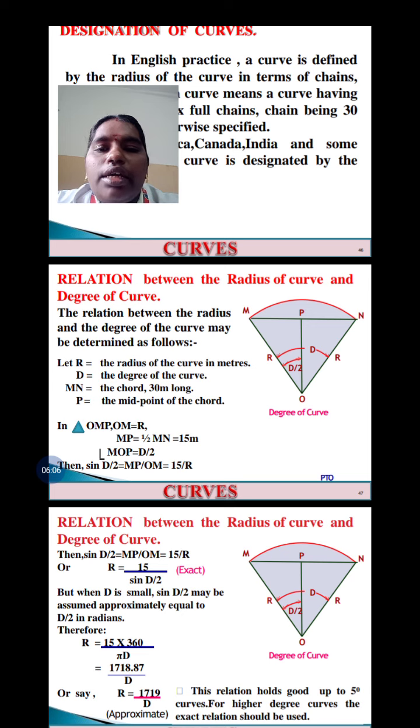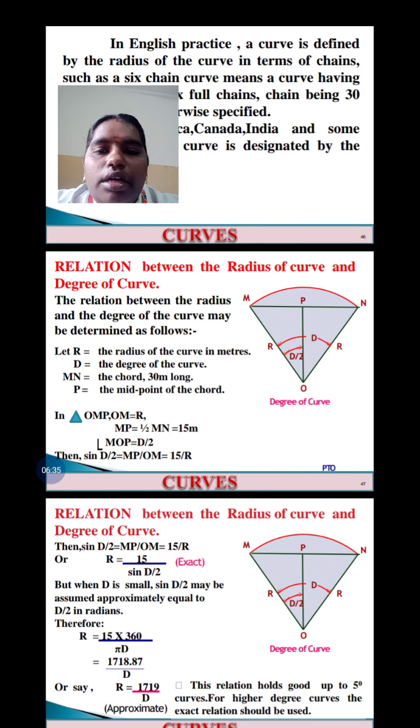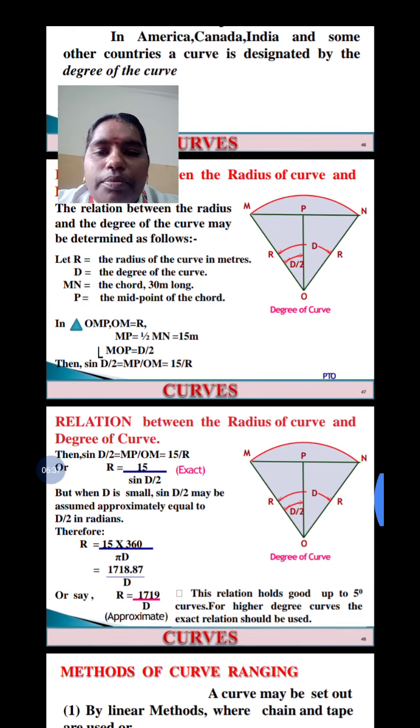Radius of curve is R, degree of curve is D. This picture shows the different points. Here R means the radius of the curve in meters, D means the degree of the curve, MN shows the chord length of 30 meters, and P is the midpoint of the curve.